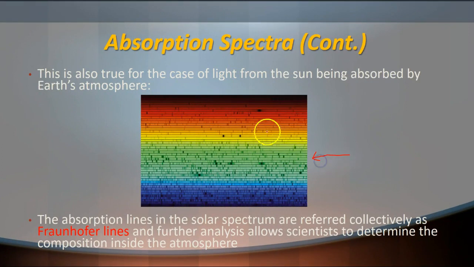We have a lot of dark lines because our atmosphere has a lot of elements that we can identify clearly: oxygen, nitrogen, everything. You can see this when you analyze it. This absorption line pattern for our sunlight has a special name. It's called Fraunhofer lines.